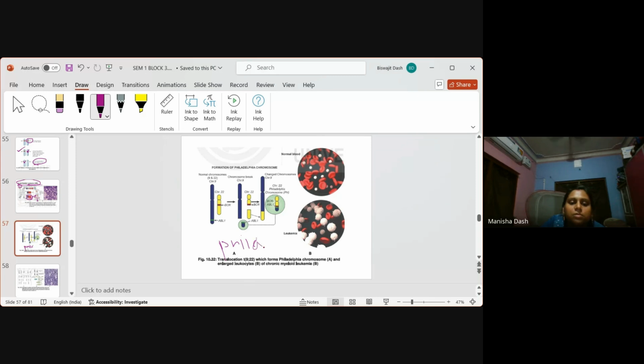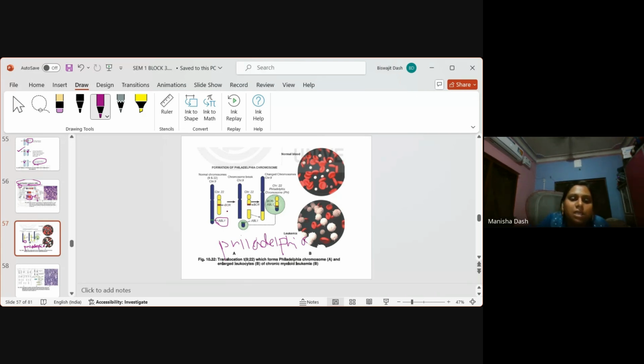You must remember what the Philadelphia chromosome is, because it is frequently asked in questions. I guess it was discovered in Philadelphia, and that is why the name is given. Due to the translocation between chromosomes 9 and 22, as you can see, chromosome 9 has a gene called ABL1 and chromosome 22 has a gene called BCR.